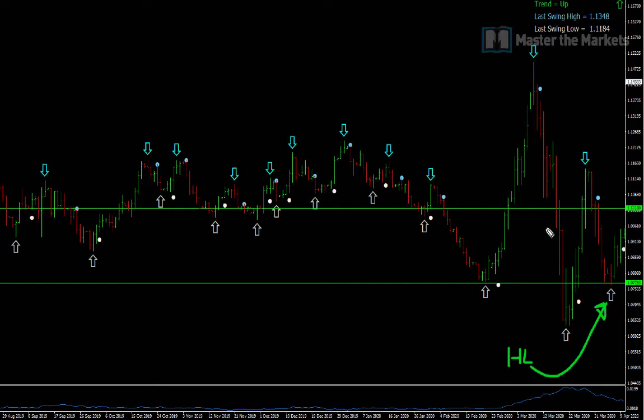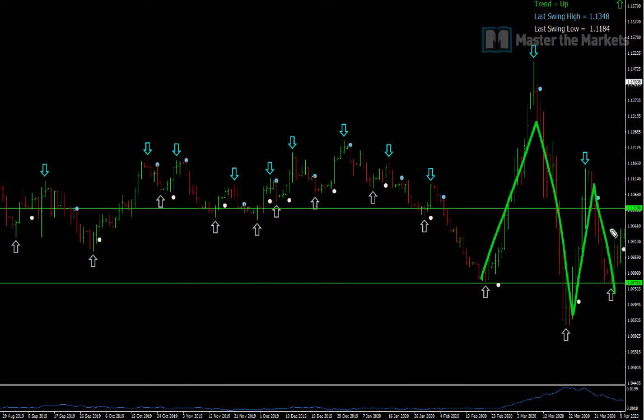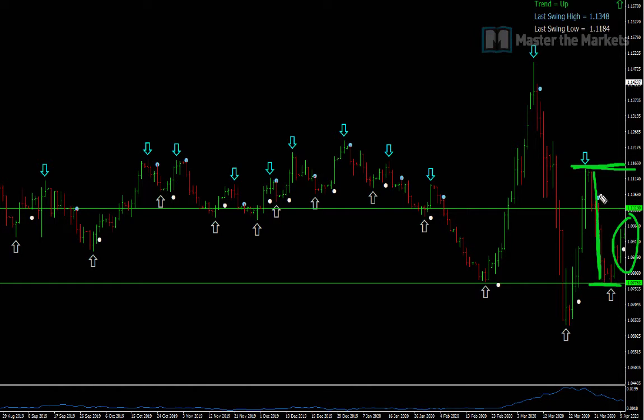But when this happens in a downward trend, or even in an upward trend, if we get a single market compression forming, in this case a confirmed higher low where in the past you've had lower lows, we call this no trend. That's how we denote this at Master of the Markets. So at this point we would declare that there's no trend, because now I have a confirmed swing low, and it is a higher low in relation to the previous low. This we would class as no trend.